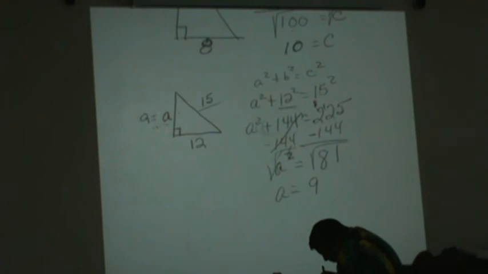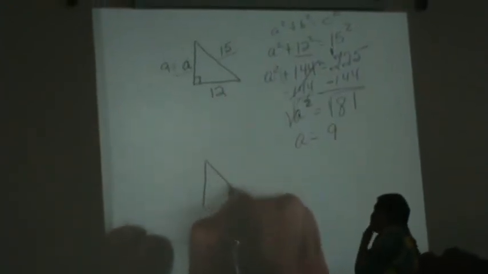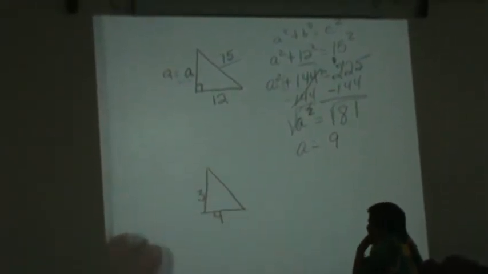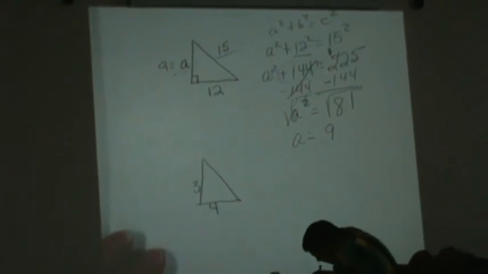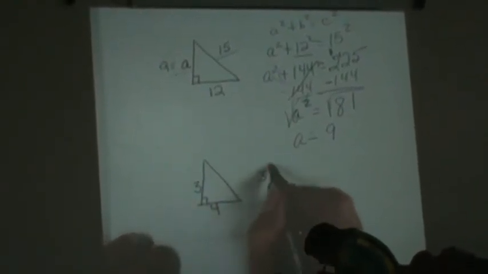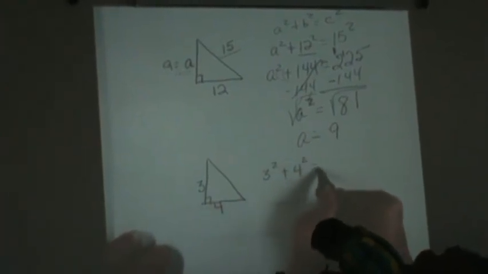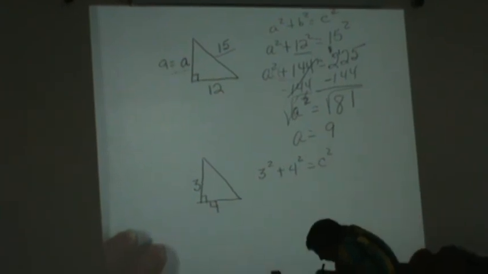Okay, let me go back to one of these we did earlier. Did we do? No, we didn't. Let's do a real simple one with little numbers. A 3 and a 4. Okay? So we have 3 squared plus 4 squared equals C squared.